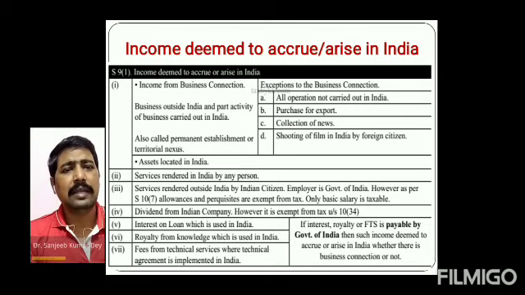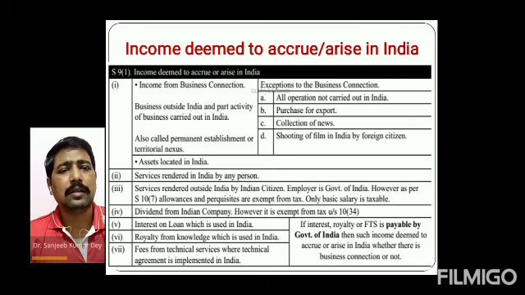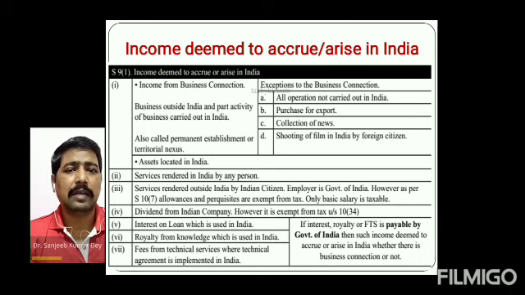Second, any income arising because of the business engaged in purchase of goods for export purpose, by a non-resident, also does not come under income accruing or arising in India.